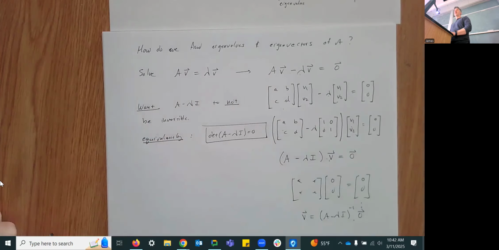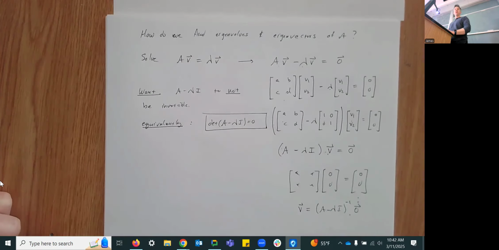And that is how we start finding the eigenvalues of a 2x2 matrix, or any matrix really, but specifically 2x2: by taking the determinant of A minus lambda times the identity, where we don't know what lambda is, setting that equal to 0, and then solving for lambda. So when you're asked to find eigenvalues of a matrix, this is where you should start, by taking the determinant of A minus lambda times the identity and setting it equal to 0.